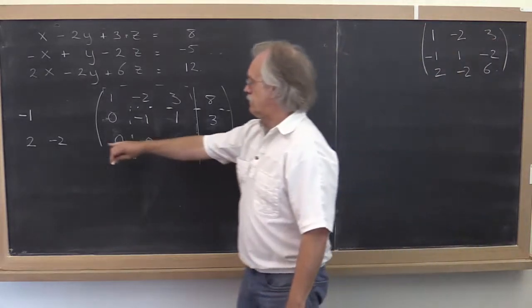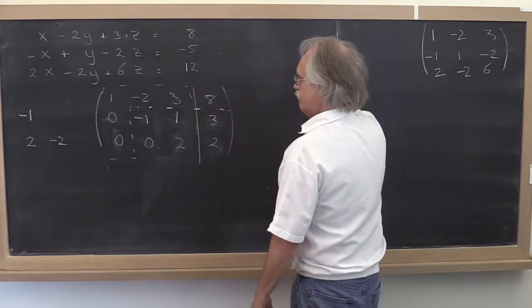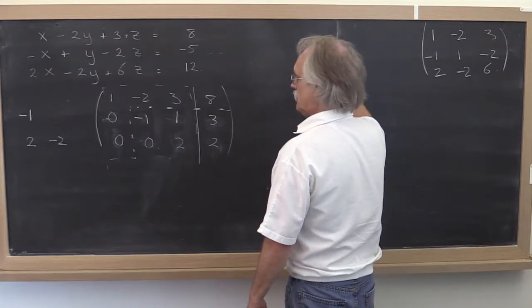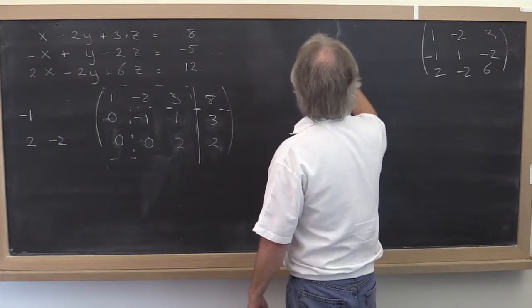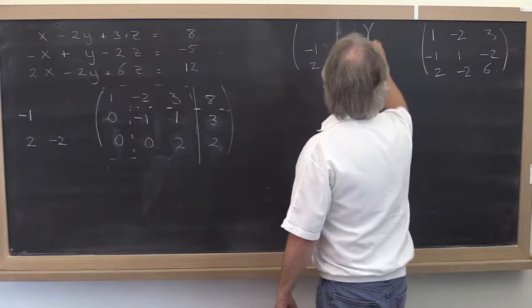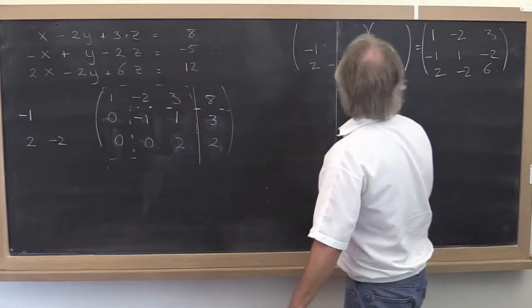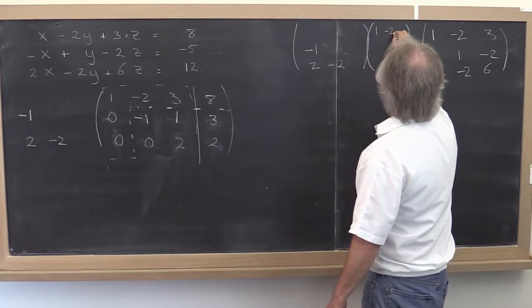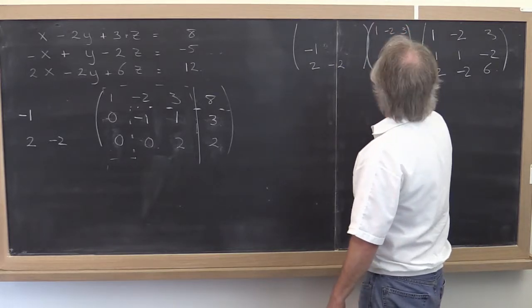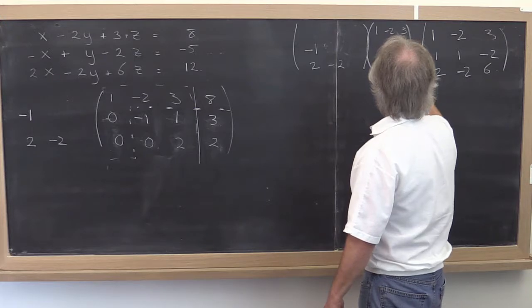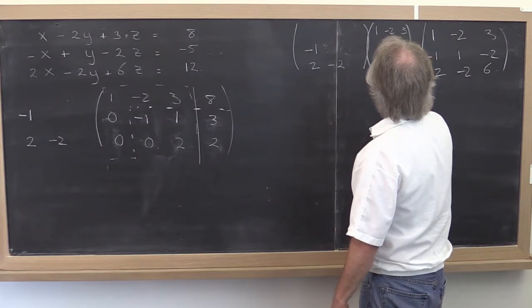And let's take this and write it over here: minus 1, 2, minus 2. And let's take this upper triangular matrix and write it here: 1, minus 2, 3, minus 1, 1, 2 with zeros below the diagonal.